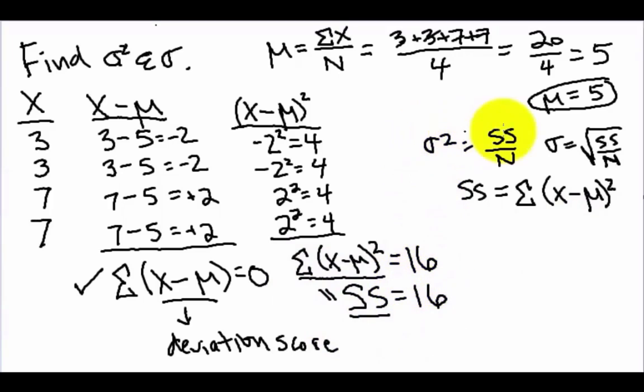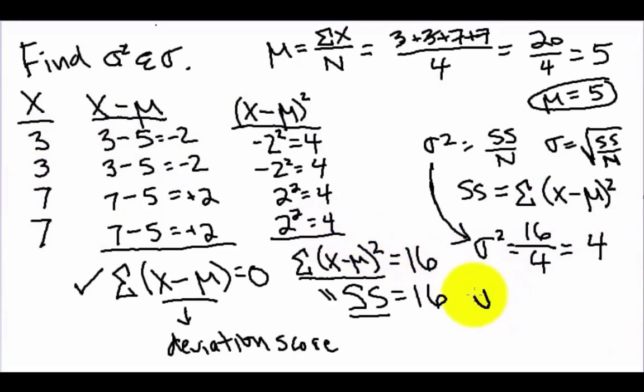All right, we're almost done. We have our SS now. So now we're going to solve for the variance, but I'm going to work down here due to space constraints. The variance equals SS, which is equal to 16, over n, which is equal to 4. We have four values, 3, 3, 7, 7. So the variance is equal to 4.